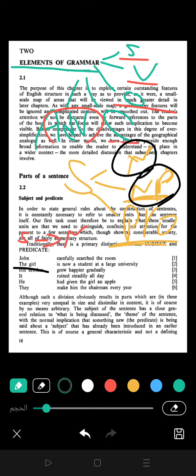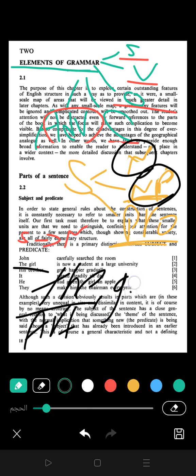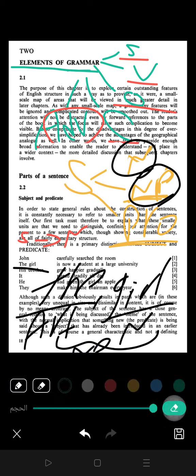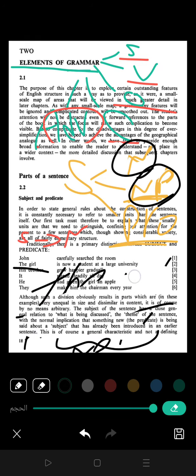The girl consists of the article and the girl. The girl is the head, the noun, the head of the noun phrase. So all of them function as a noun phrase.